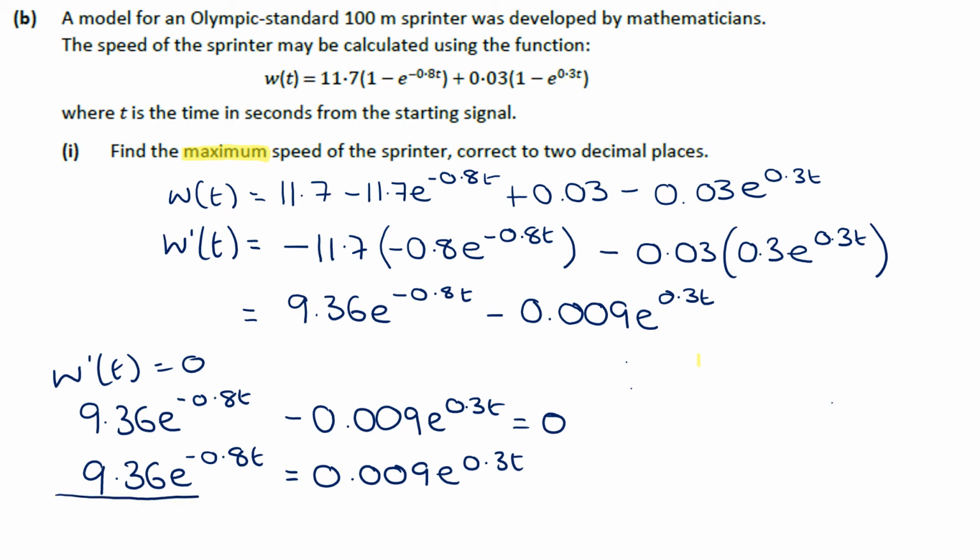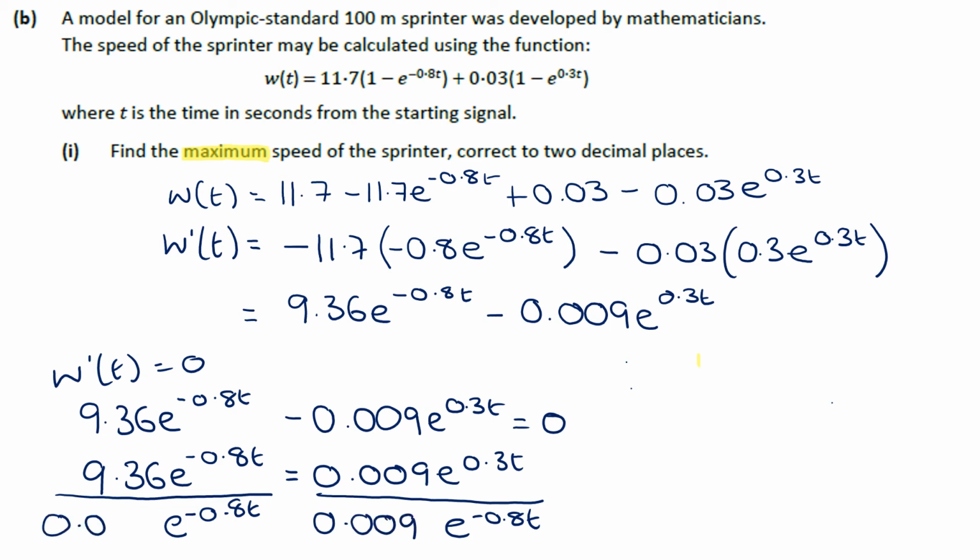So I'm going to divide this side by e, so I'm going to get rid of it on that side, but I also then need to do it over here. And then I'm going to get rid of the number from this side, so I'm going to also divide by that, and I'm going to balance that out by putting it there. So the number pieces or the coefficients will cancel here. The e's to the power cancel on that side.